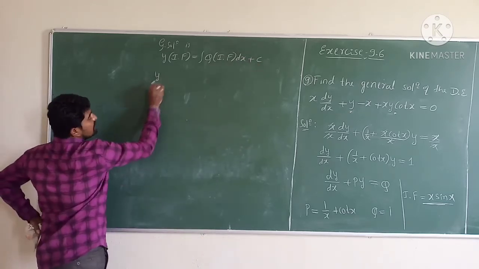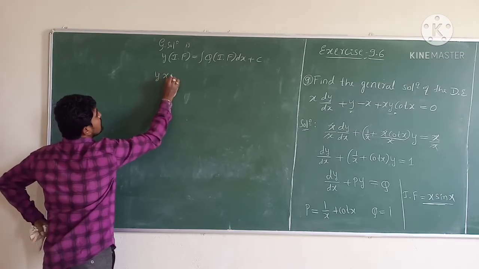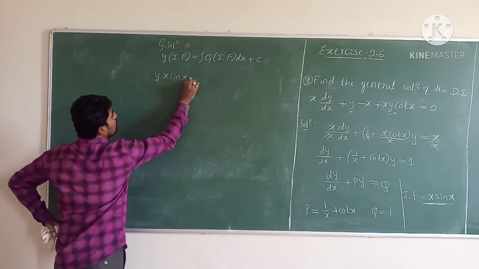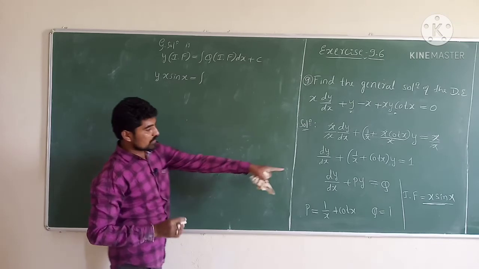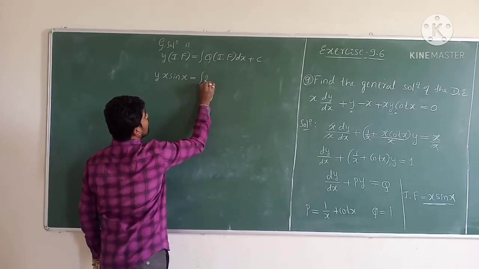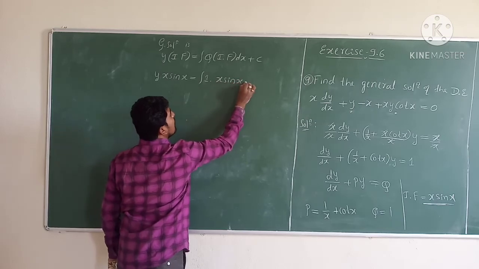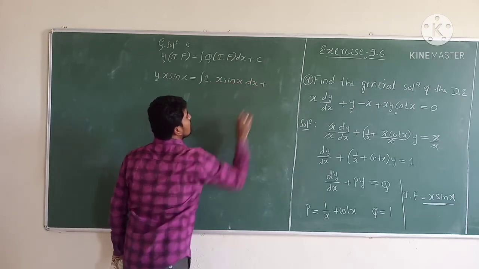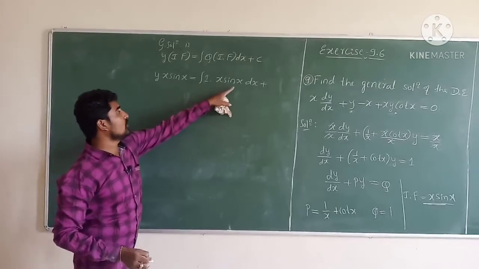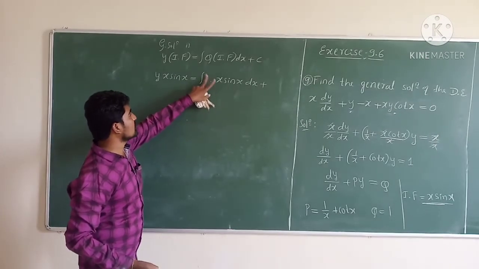So y into integrating factor is x into sin x, which is equal to integration of q. Q is 1 into integrating factor is x into sin x with respect to x plus c. Now 1 into x into sin x is x into sin x.